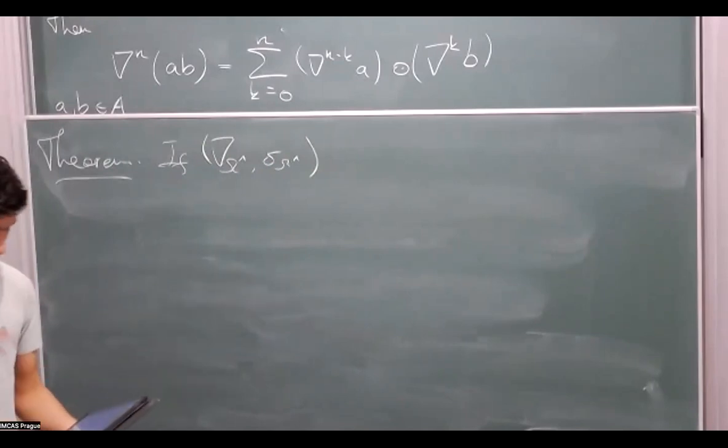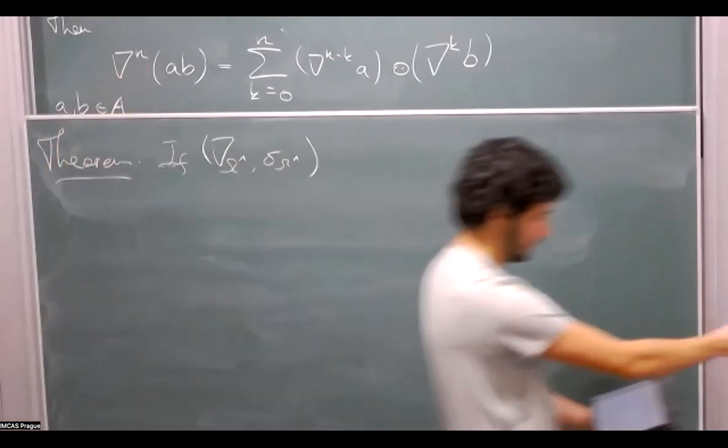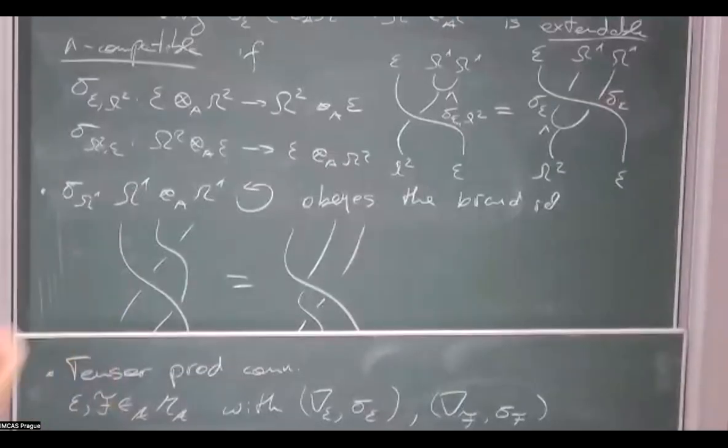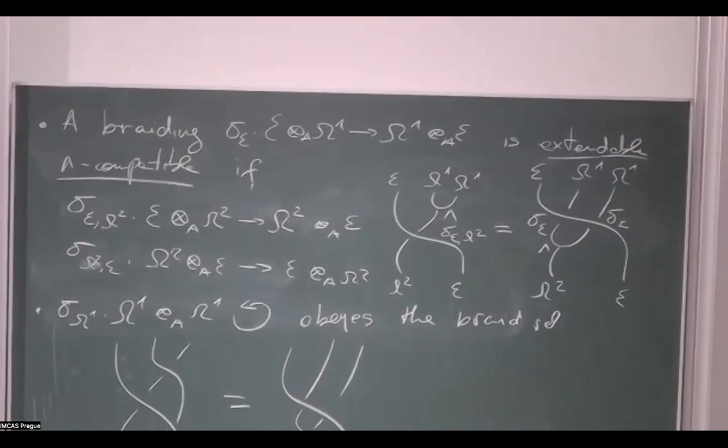So this would be torsion free, flat. So we also need it to be flat, which is something that didn't come up until now. For it to be Leibniz compatible, for it to be extendable and wedge compatible.